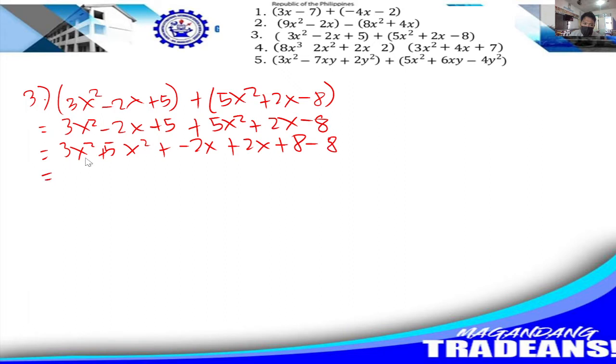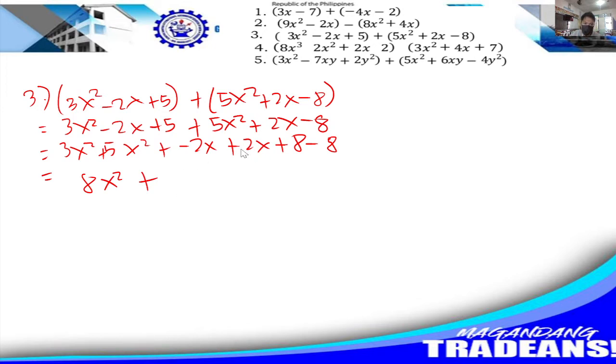Then we continue: 3x squared plus 5x squared, 3 plus 5 becomes 8, and the variable used is x squared. Negative 2 plus 2: you owe 2 and you paid 2, because positive 2 means payment, so therefore it is 0, and when it is 0, we no longer write it.